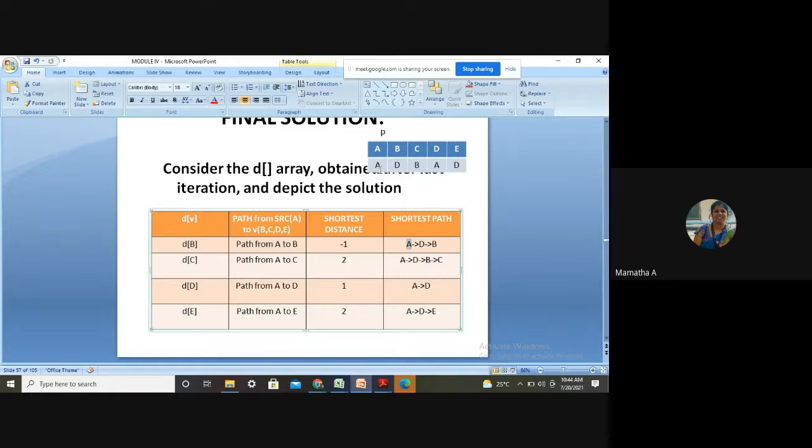Students, P of D gave me A. Can I stop there? Why should I stop at A, students? Yes, Janvi. Because A is the source, ma'am. Yes, P of A is A itself, so it is not required. Whenever you reach the source vertex, just stop at that.